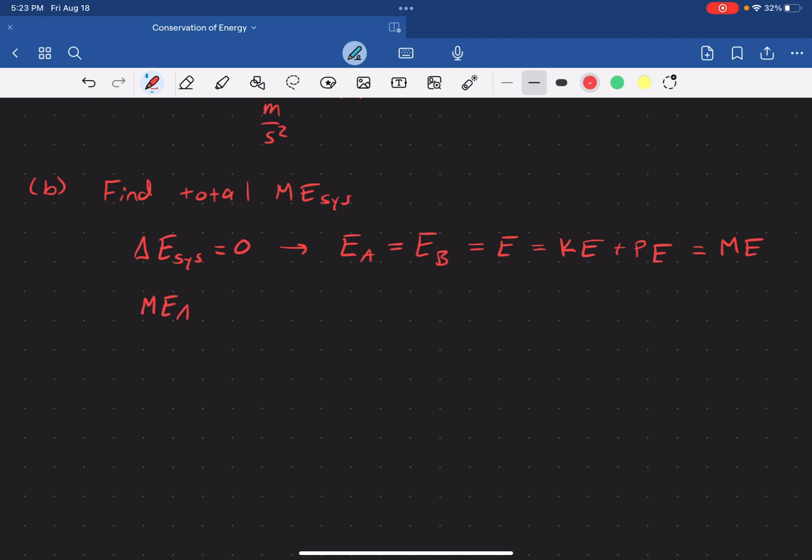So the mechanical energy at state A, do some parentheses there, is equal to the mechanical energy at state B. That means there's two ways to find the total mechanical energy for this problem.